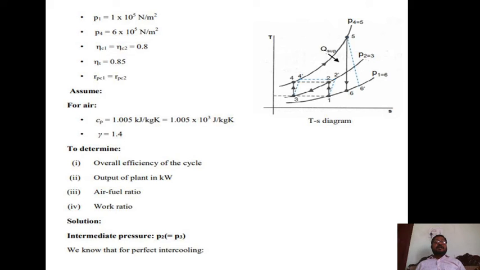These things may or may not be in the data handbook, but you must remember this Cp value of air, specific heat at constant pressure, specific heat at constant volume of standard air, and also gamma, the ratio of specific heats, Cp by Cv. You must remember these in the examination. Determine the overall efficiency of the cycle, work output in kilowatts, air-fuel ratio, and the work ratio.